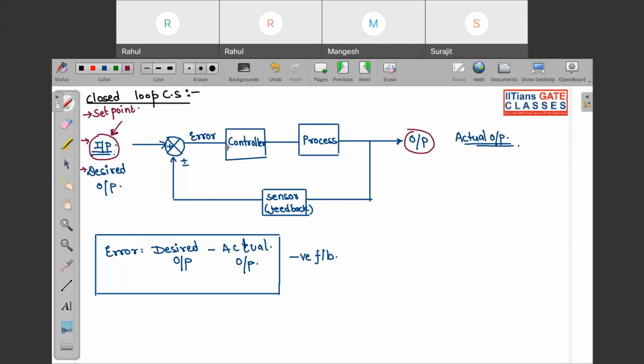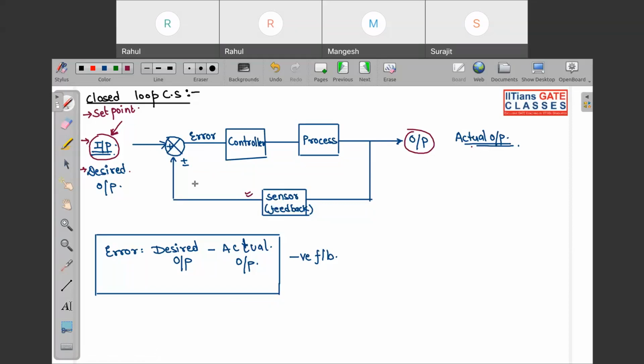This is what we mean by a closed loop control system: we always take a feedback signal with the help of this sensor, monitor the output, and compare it with the desired output, so as to keep the deviation between the actual output and desired output minimum in a closed loop control system or negative feedback system.